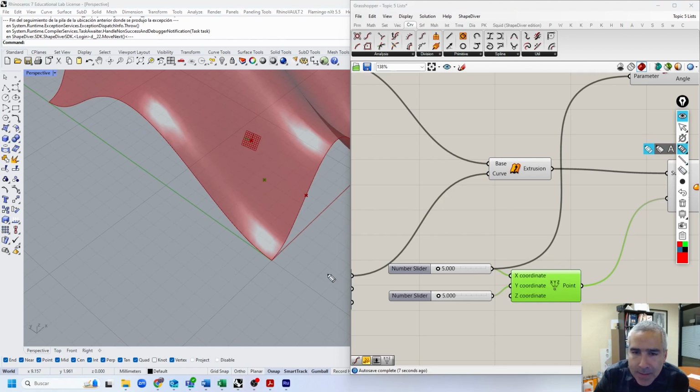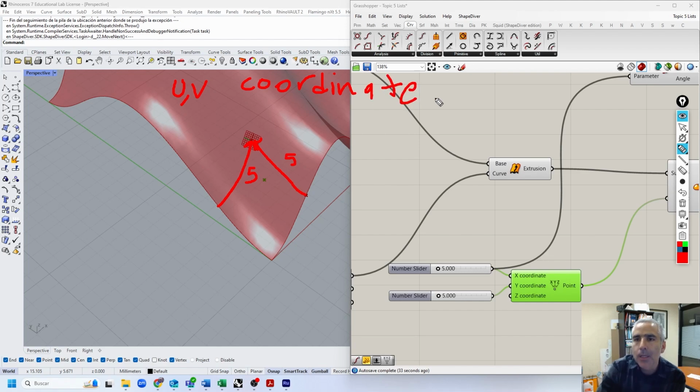So what that means is that this point is walking 5 units in this direction, and it's also walking 5 units in this direction. Okay? So the UV coordinate of that point is actually 5, 5.